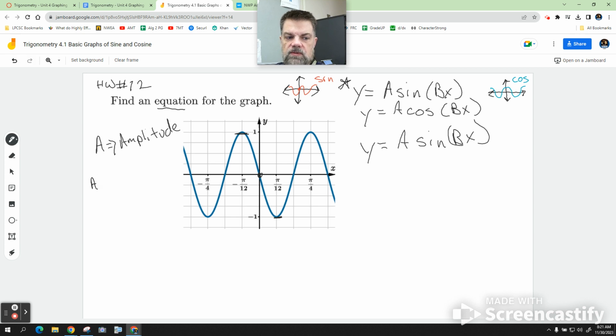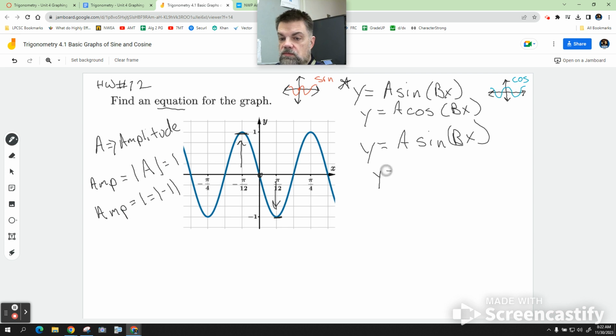Your amplitude is equal to the absolute value of A. Well, the amplitude is 1, so this has to equal 1. But notice that sine goes from the origin and goes up, but here it goes down. So it's flipped. So that means my amplitude, which is actually 1, comes from the absolute value of -1.